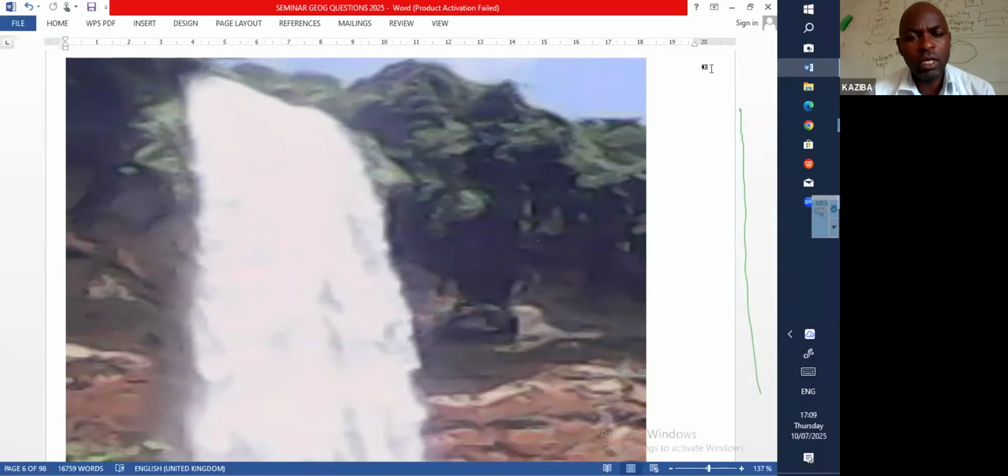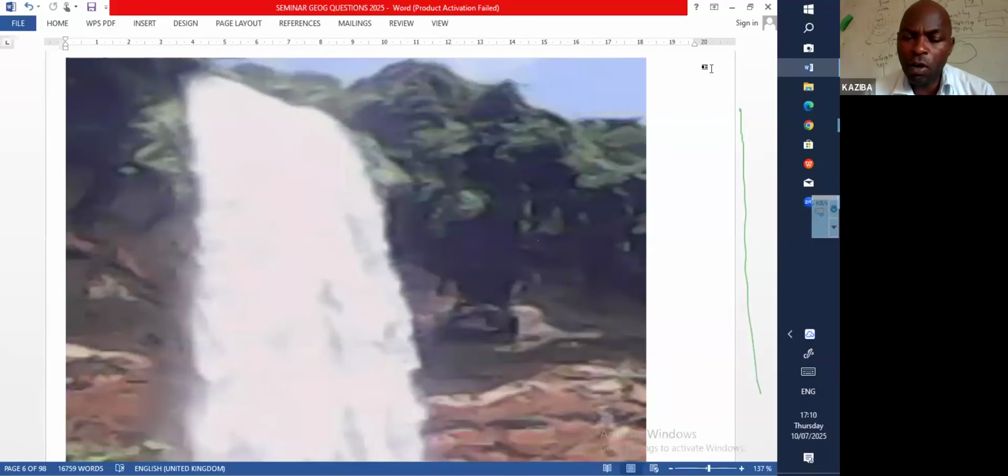Now, the causes for the formation of waterfalls: a waterfall can be formed where a river flows over the edge of a cliff. A waterfall can be formed where a river flows over a hard resistant dike.